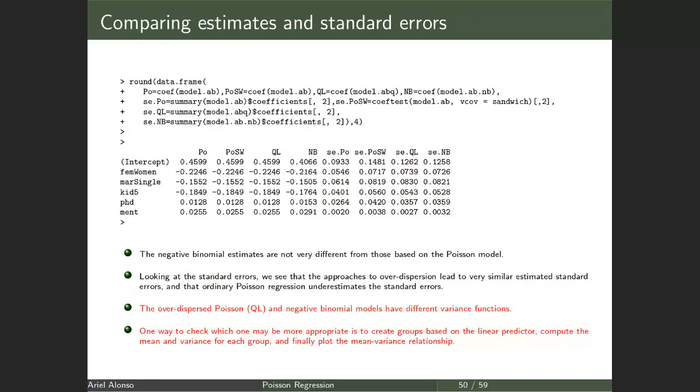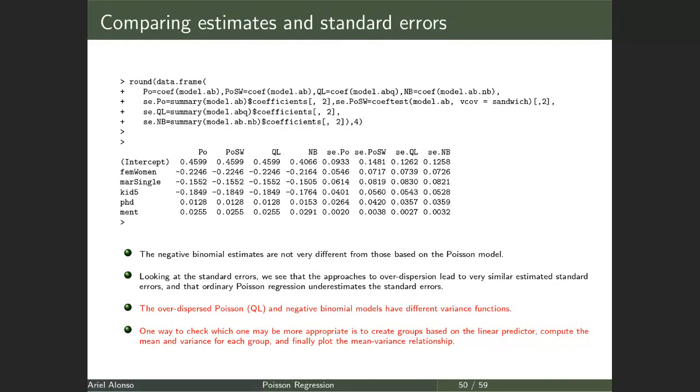Now, as I told you, the quasi-likelihood approach and the negative binomial approach made different predictions for the variance. The quasi-likelihood assumes that you have a kind of linear function between the mean and the variance. It doesn't have to be correct, but the model assumes that. But if that is not true, it's okay. The quasi-likelihood still will give you correct inferences because the variance you use is a working variance.